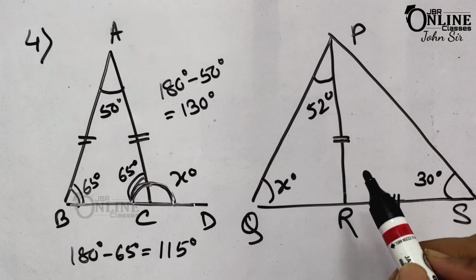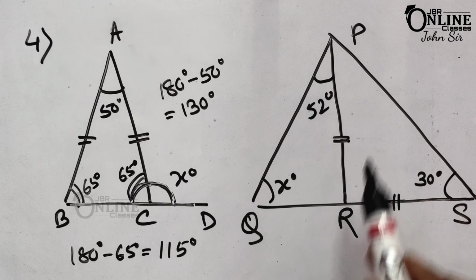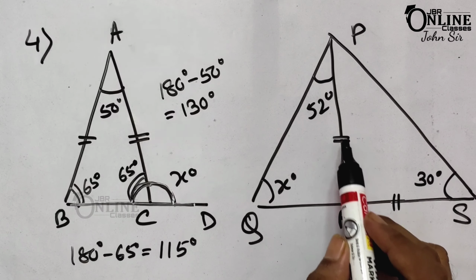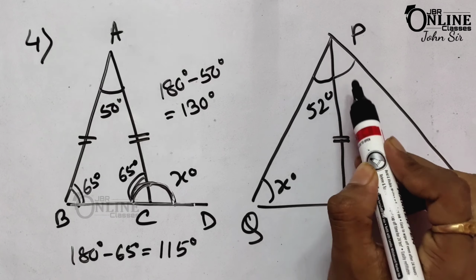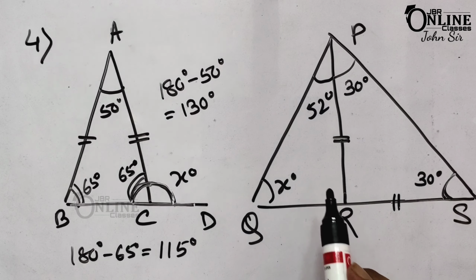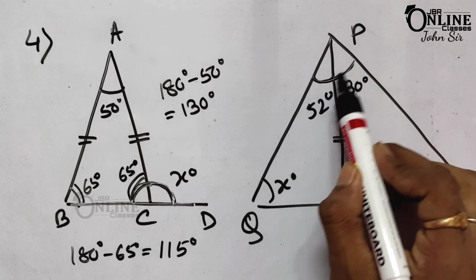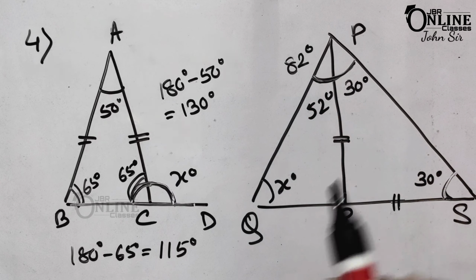Now the second one here, PQS is a triangle and PRS is also a triangle. Now in this triangle, this side equals this one. So if this one equals 30, then this one equals again 30. Now the whole angle P equals 82 degrees.